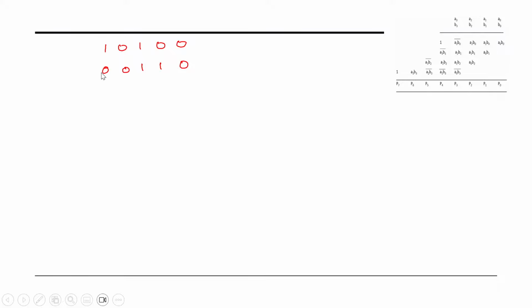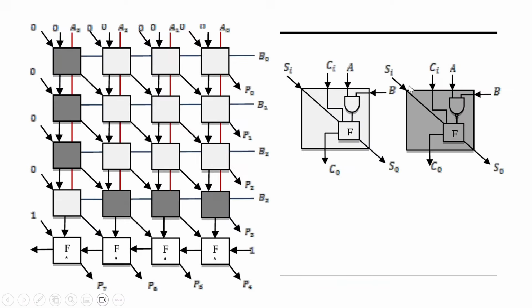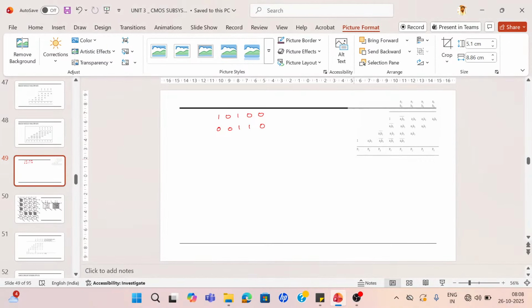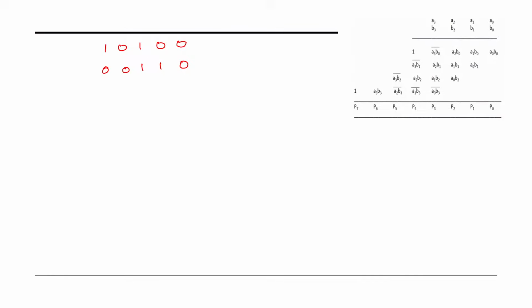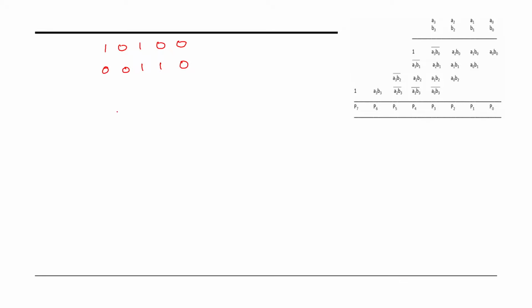So now here this is the input which we have taken. Now we will perform a normal Baugh-Wooley multiplier. I will make it much bigger so it is easy for us to understand. Now we will perform it for 5 bits.